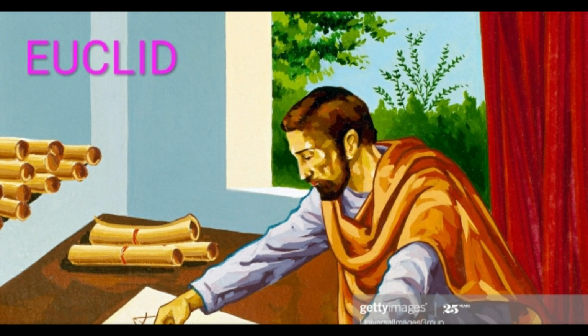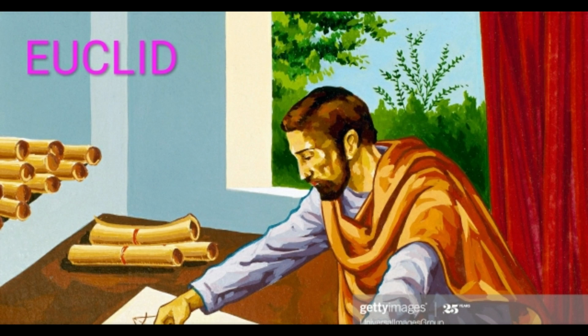He took for granted some self-evident geometrical statements which are accepted by all and called them postulates. He showed that on the basis of postulates, some more properties can be proved logically. Properties proved logically are called theorems.